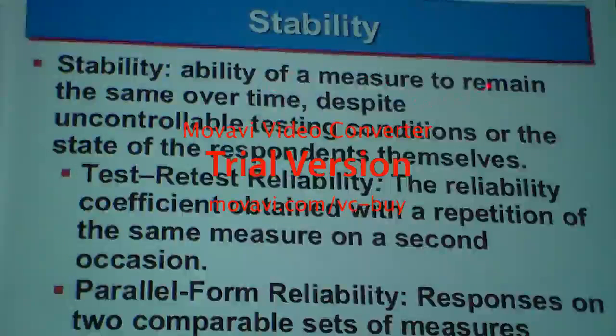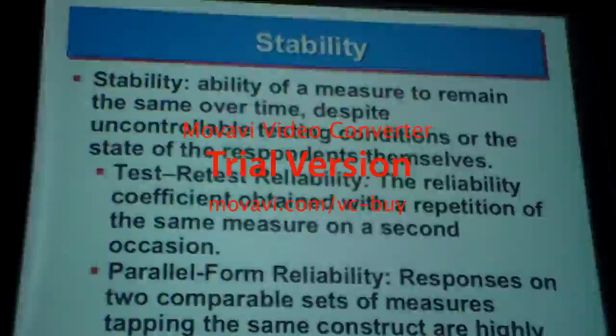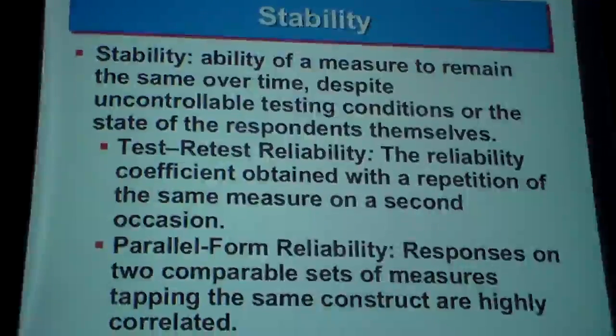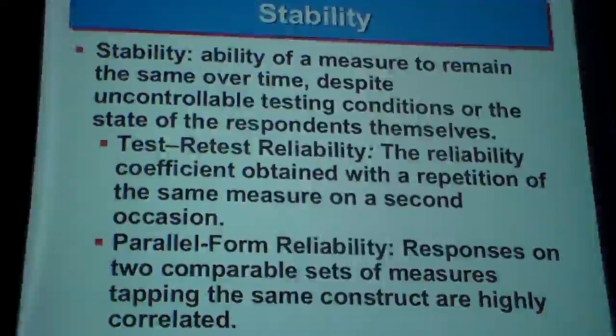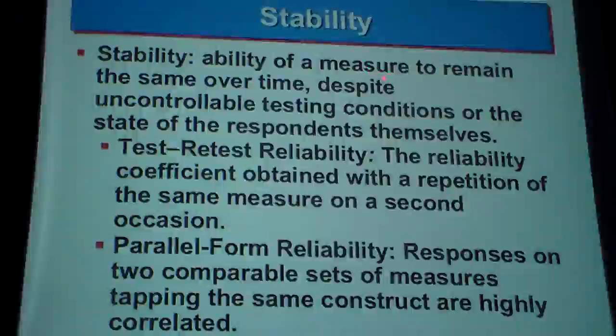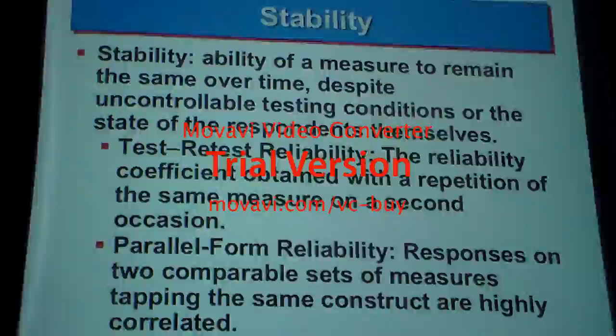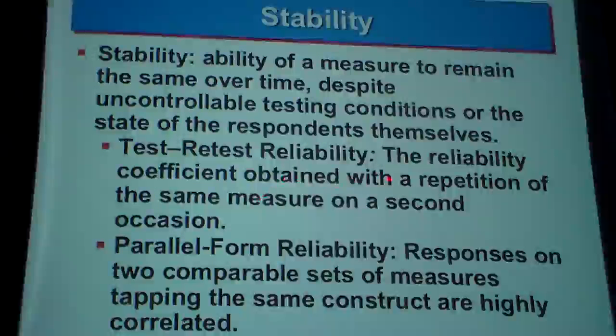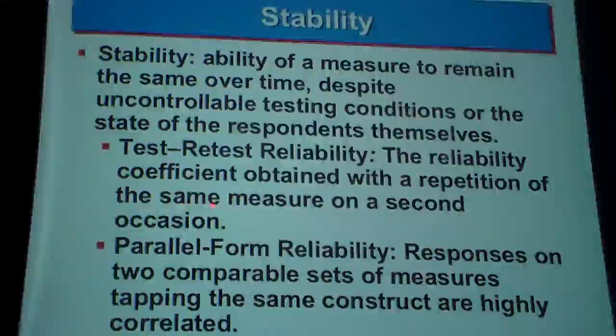Stability is the ability of a measure to remain the same over time, given controllable testing conditions or the state of the respondents themselves. So we have test-retest reliability, the reliability coefficient obtained with repetition of the same measure on a second occasion.